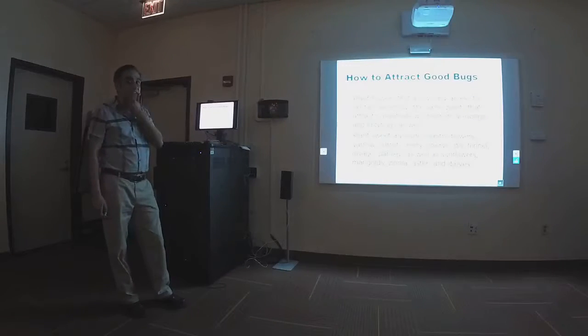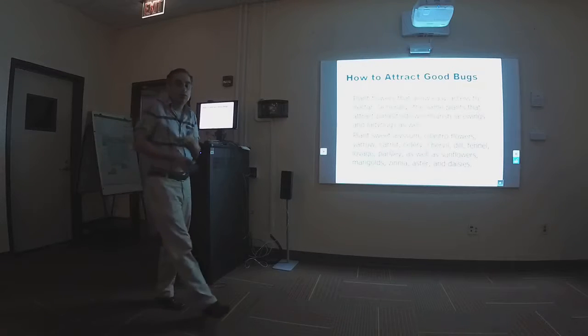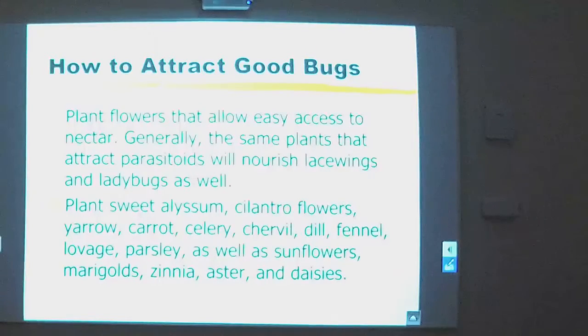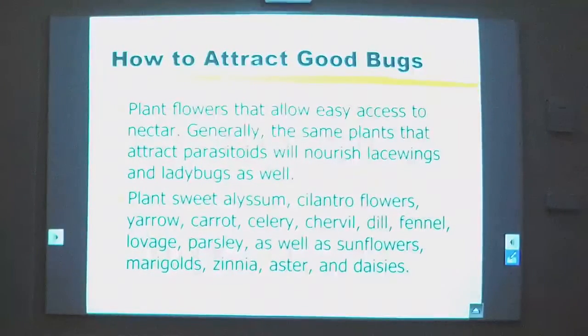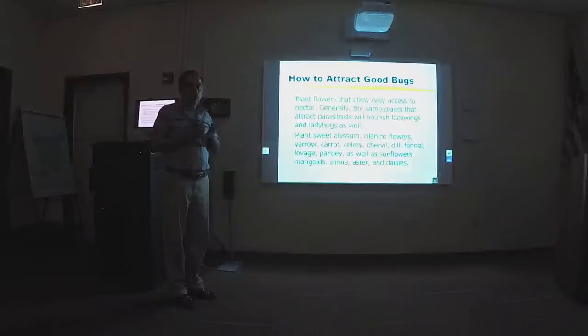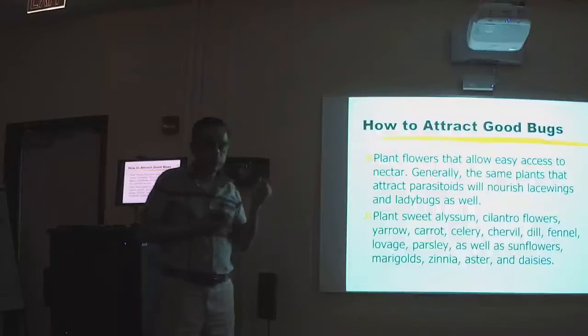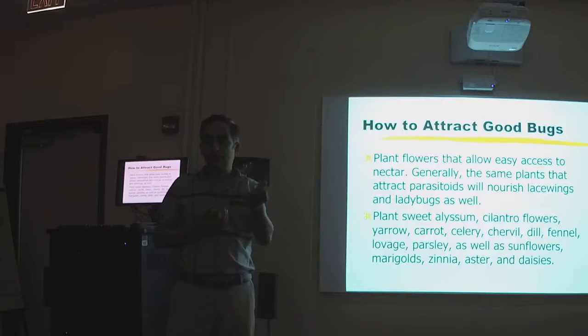So how to attract the good bugs? There's one way you can buy them, or there's another way you can attract them. So plant flowers that allow easy access to nectar, generally the same plants that attract parasitoids will nourish lacewings and ladybugs as well. So there are different crops, and they attract these good bugs. They come for the flower nectar, which is sweet.